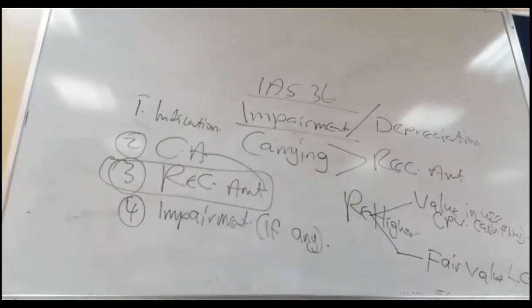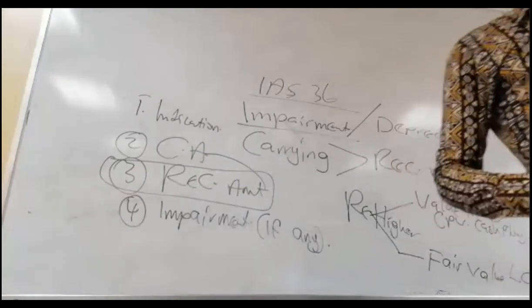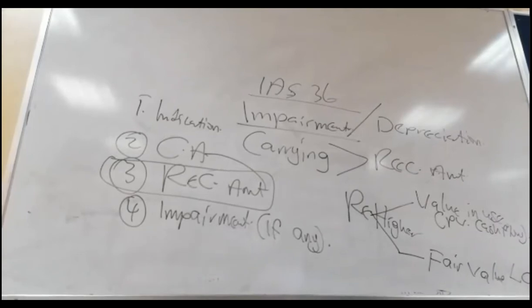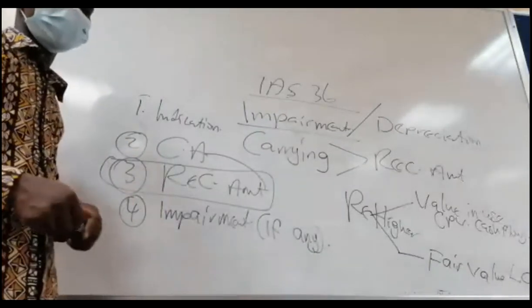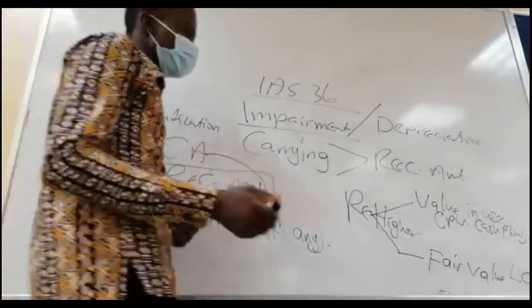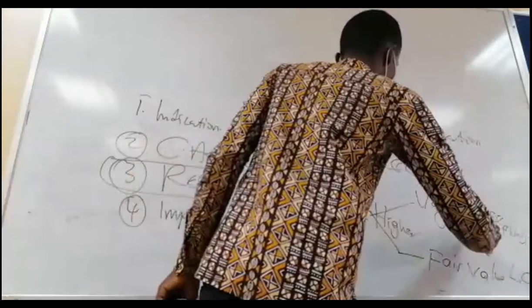The recoverable amount is nothing but this. If you use it to the end of its life, what will be the cash flow that you can generate? In today's terms, find the present value. That is the value in use. Please, it includes the scrap value most often. Don't forget the scrap value.